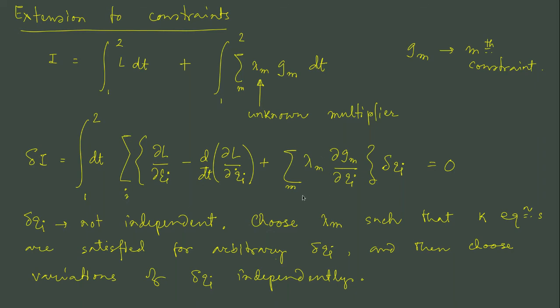There too we stated that we make this coefficient vanish for k constraints by choosing, for k equations, k number of coefficients, by choosing the lambda_m carefully, and the remaining ones we can do by choosing appropriate linear combinations. Okay. And this relation is particularly useful.